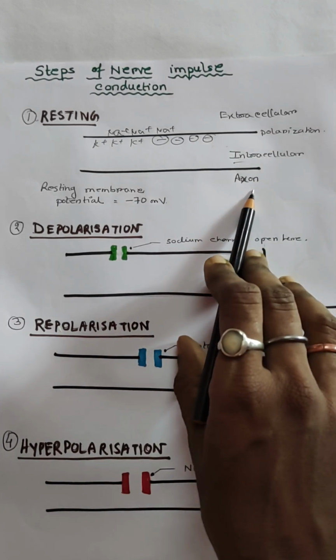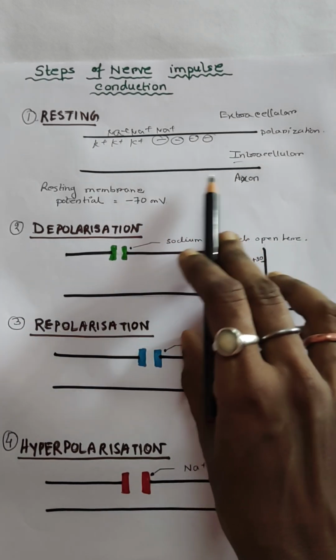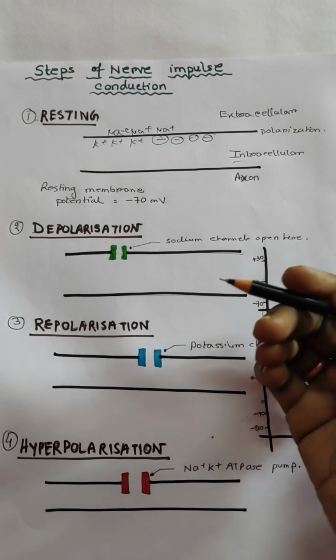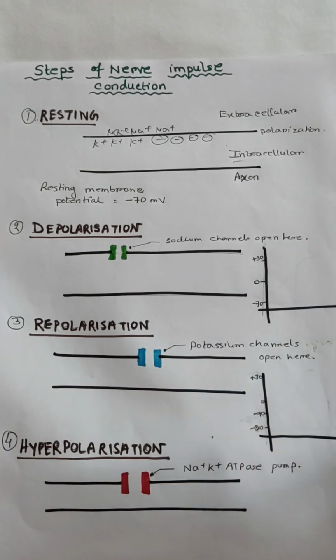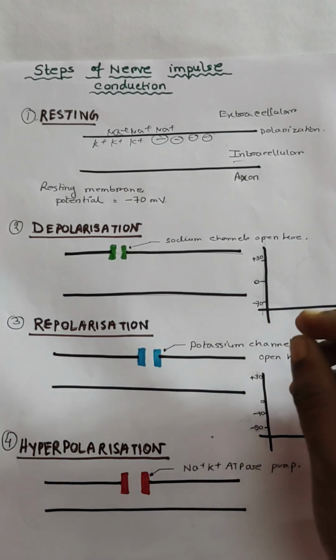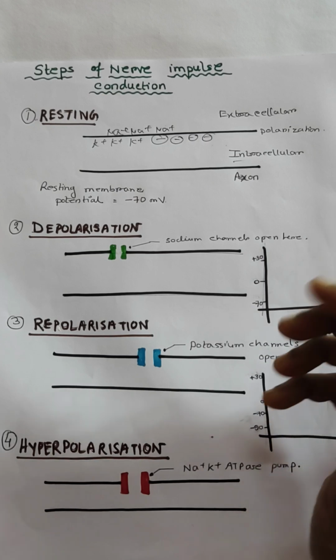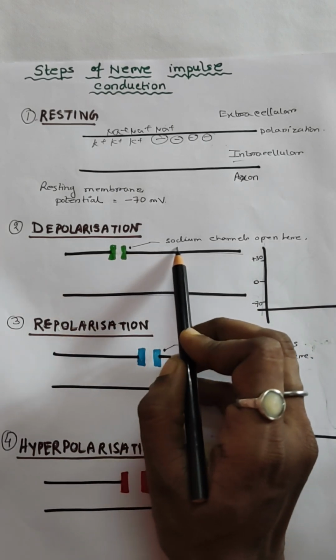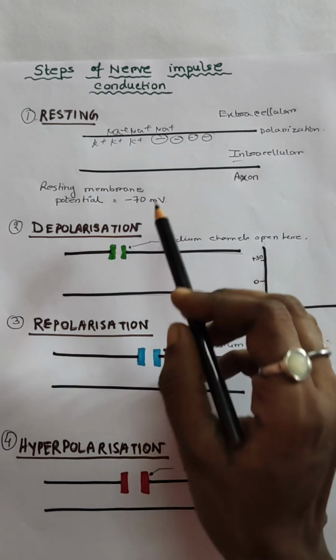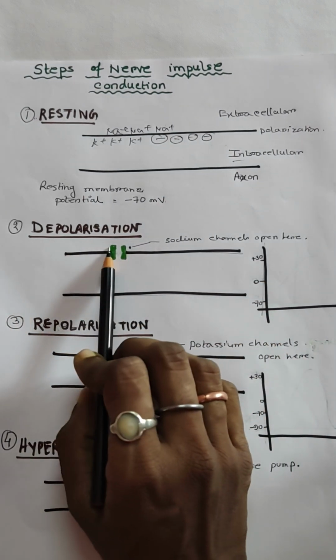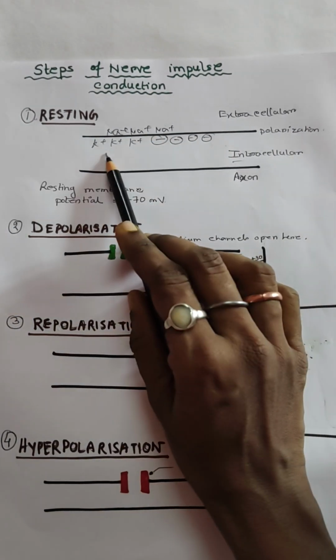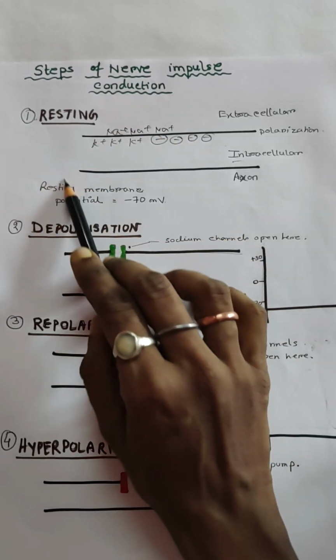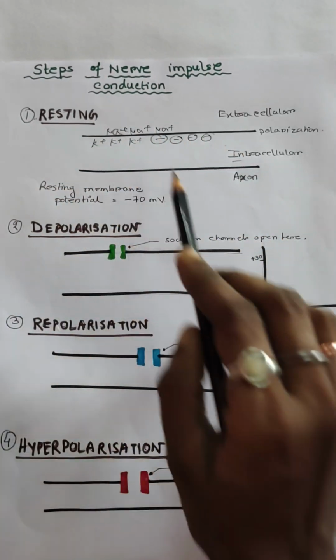Now, after the resting stage, conduction starts when the impulse, the stimulus, comes. After the stimulus comes, the sodium channels open first. That is the depolarization, the second step. First is the resting stage, whose condition is like that.